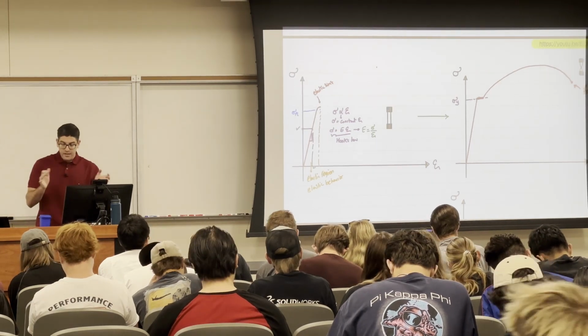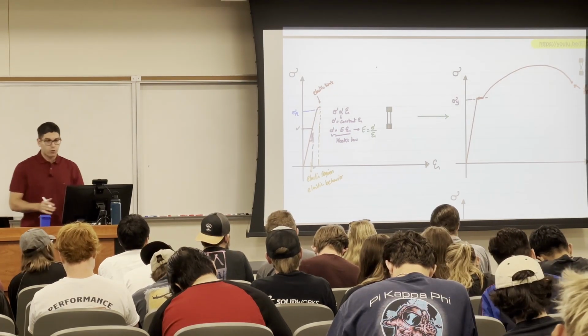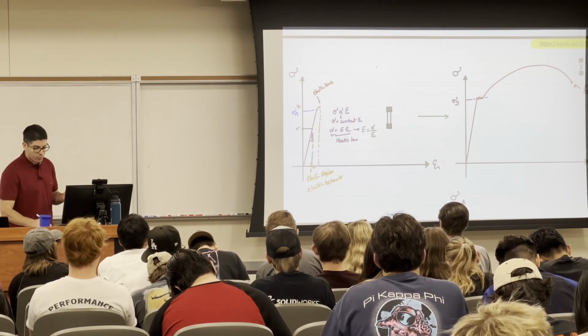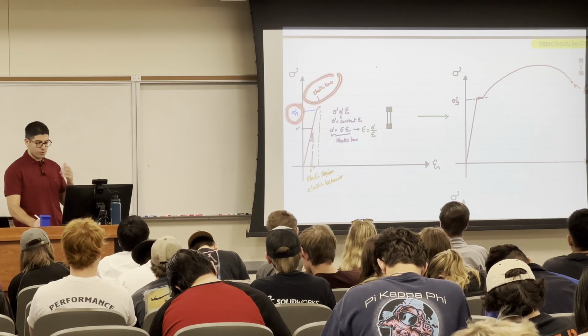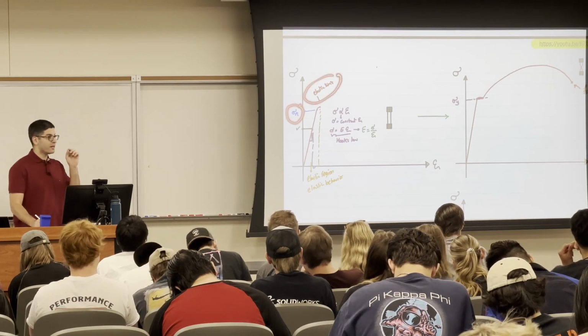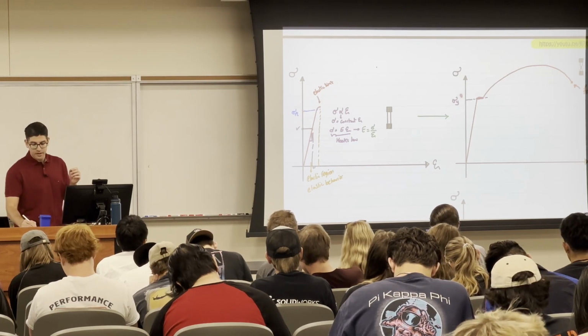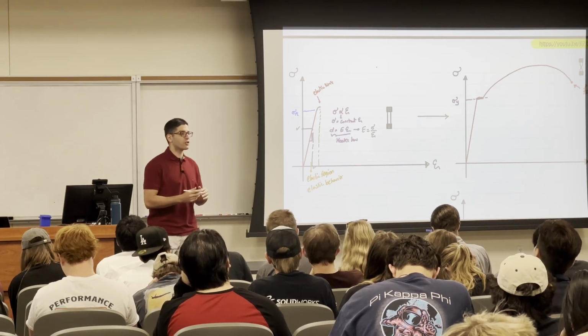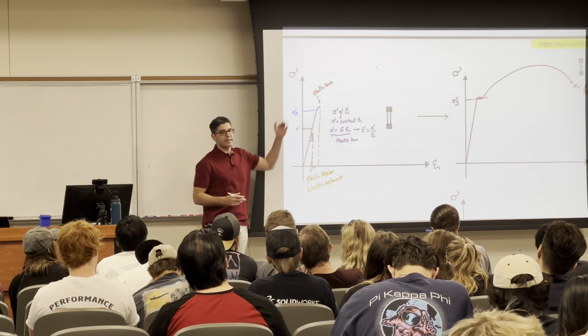If you look at any brochures of a material or the codes of design, you will not find the proportional limit stress or the elastic limit stress. Instead, what you're going to find is a yield stress. Any material is defined by its yield stress, not the proportional limit, nor the elastic limit.